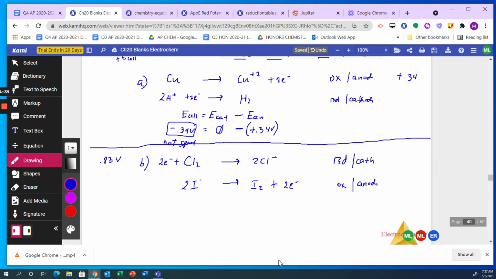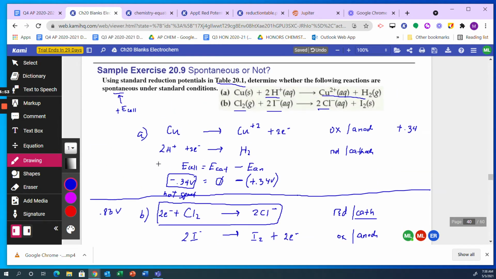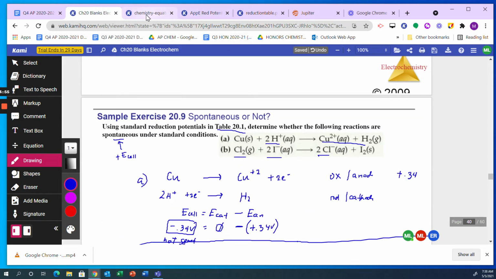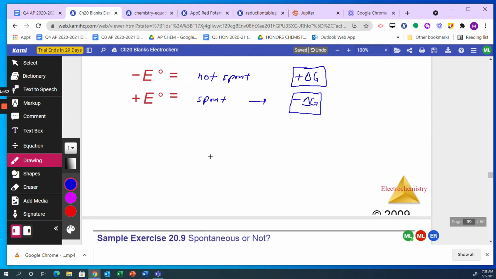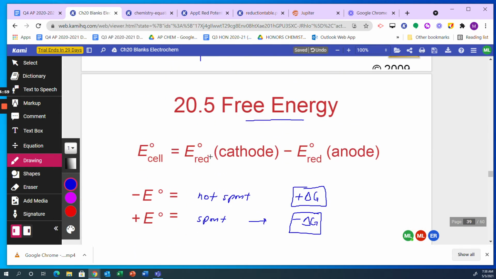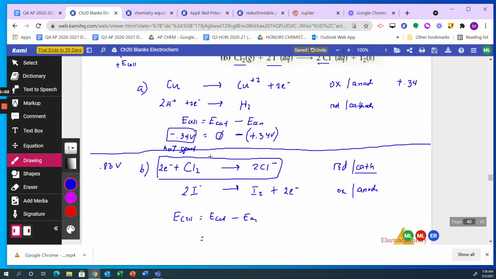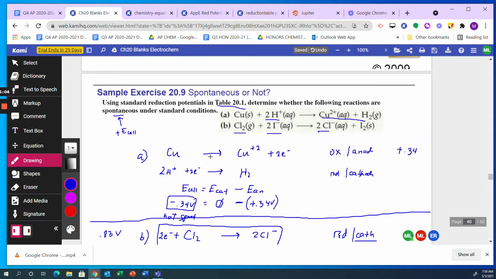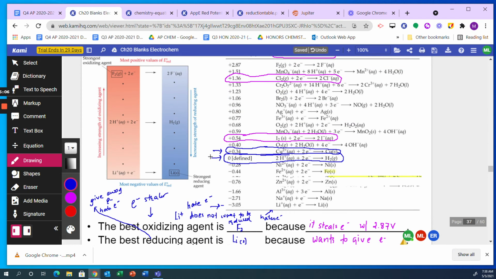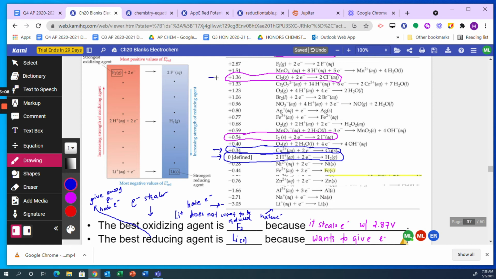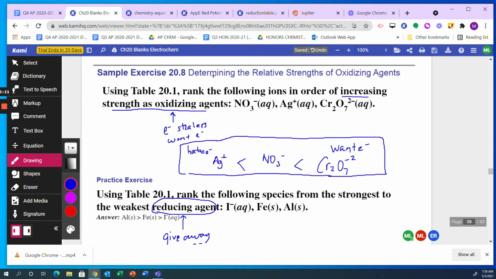Okay, so E cell is equal to E cat minus E anode. So the cathode is this one, so I have to look that up. What was it? Forgot. It is Cl2. Cl2 is here, positive 1.36.